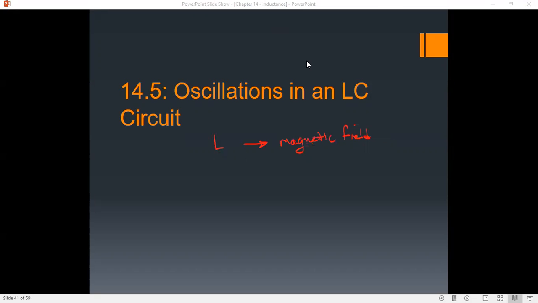And we're going to also combine it with a capacitor, which is going to store energy in the form of an electric field. Now, this is really interesting in terms of how we store energy, and has a really nice analogy with the simple harmonic oscillator, because in the simple harmonic oscillator, we have the mechanical system.